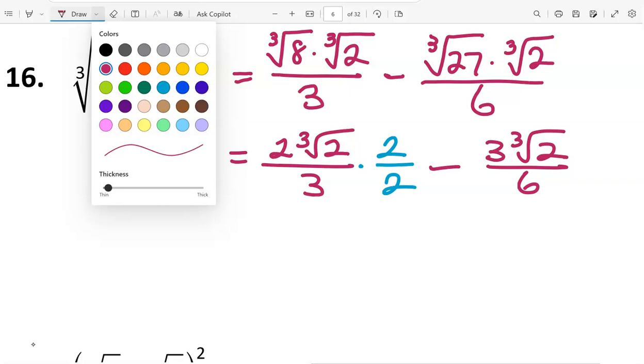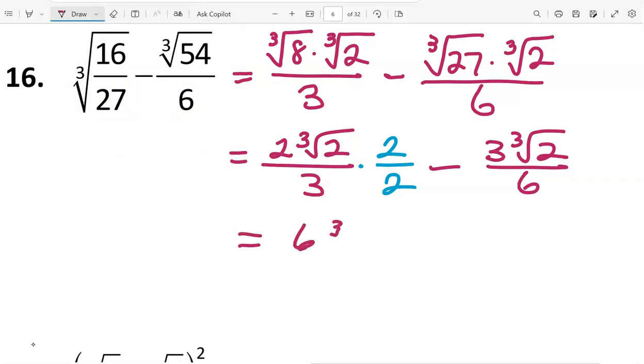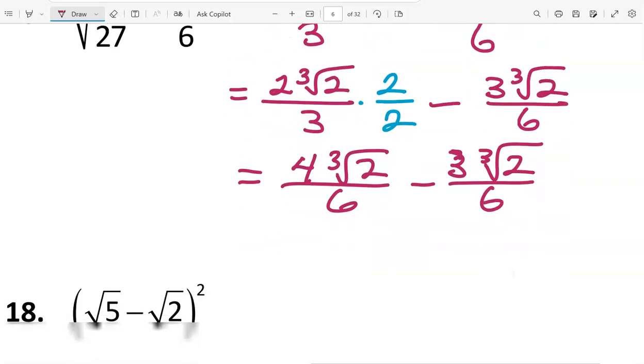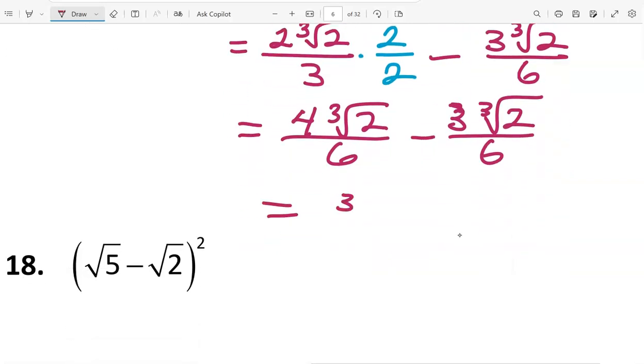The numerator is going to be 2 times the cube root of 2 times an additional 2, so that gives us 4 times the cube root of 2 over 6 minus 3 times the cube root of 2 over 6, and that gives us 1 cube root of 2 over 6.